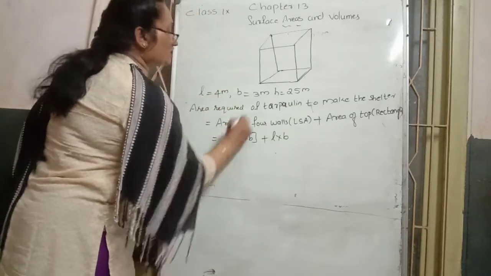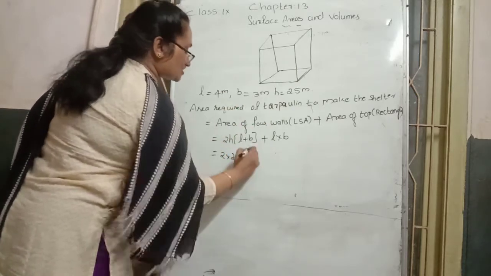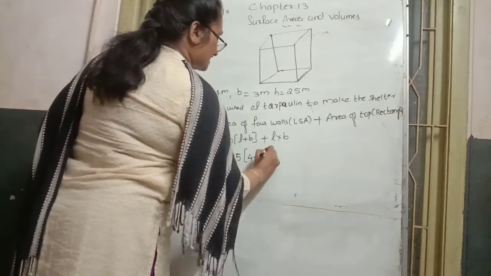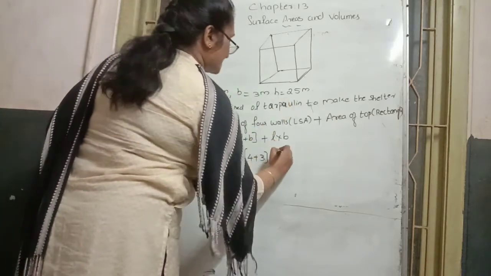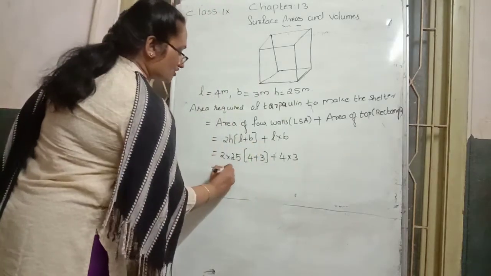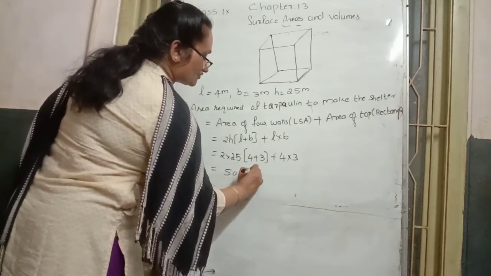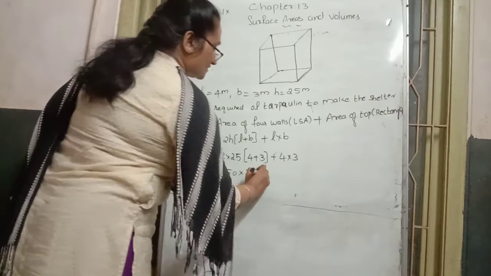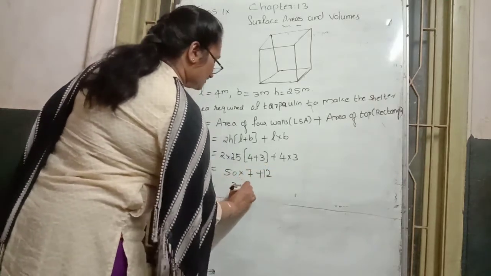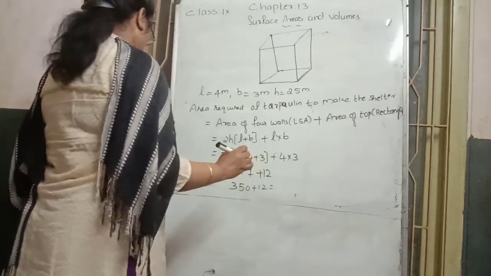Substituting: 2 into height of the shelter, 2.5, into length 4 plus breadth 3, plus length 4 into breadth 3. 4 plus 3 becomes 7, and 4 into 3 becomes 12.